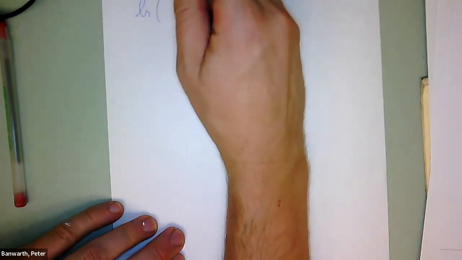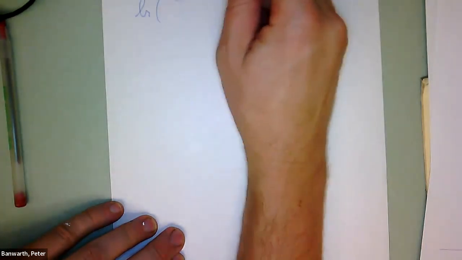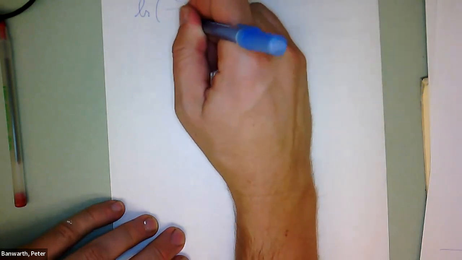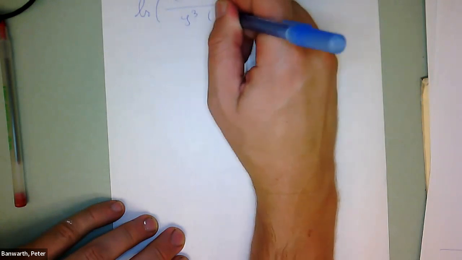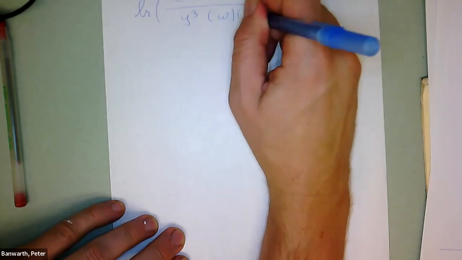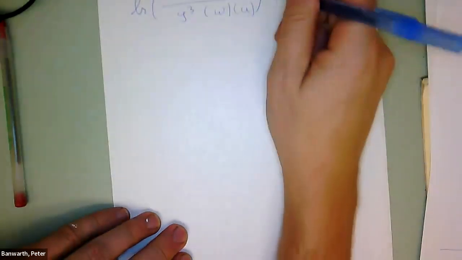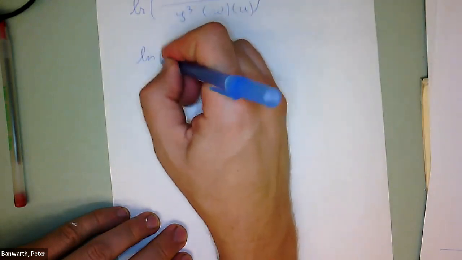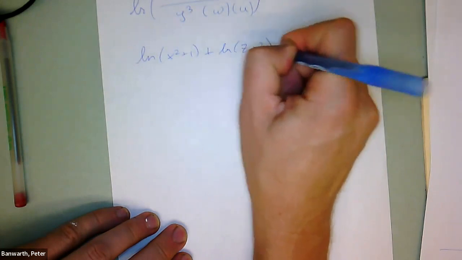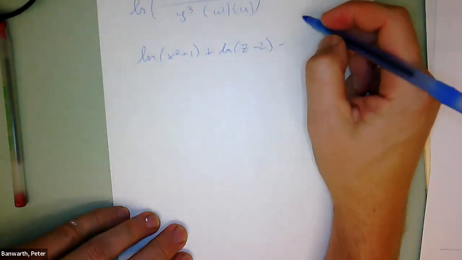Or if I give you log of x squared plus 1 times z minus 2 over y cubed times w times u, you should be able to write that as separate logs. The things in the numerator are positive. The things in the denominator are negative.